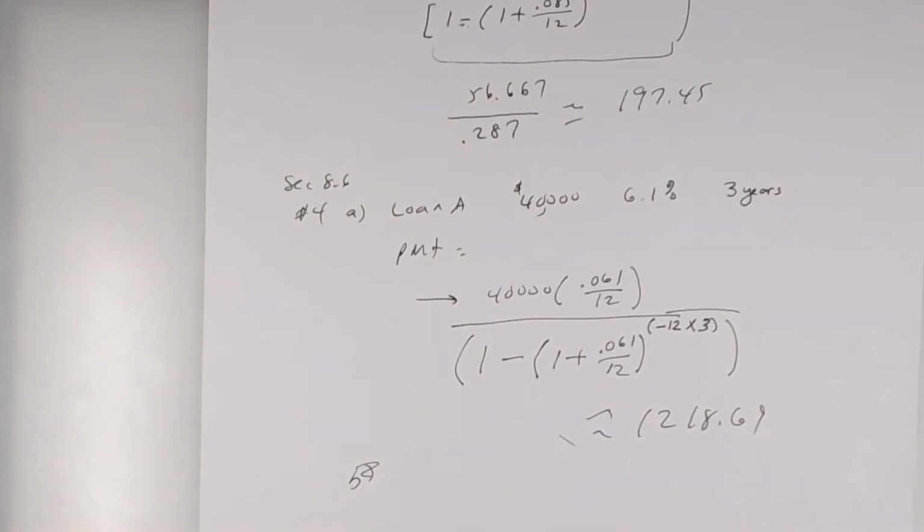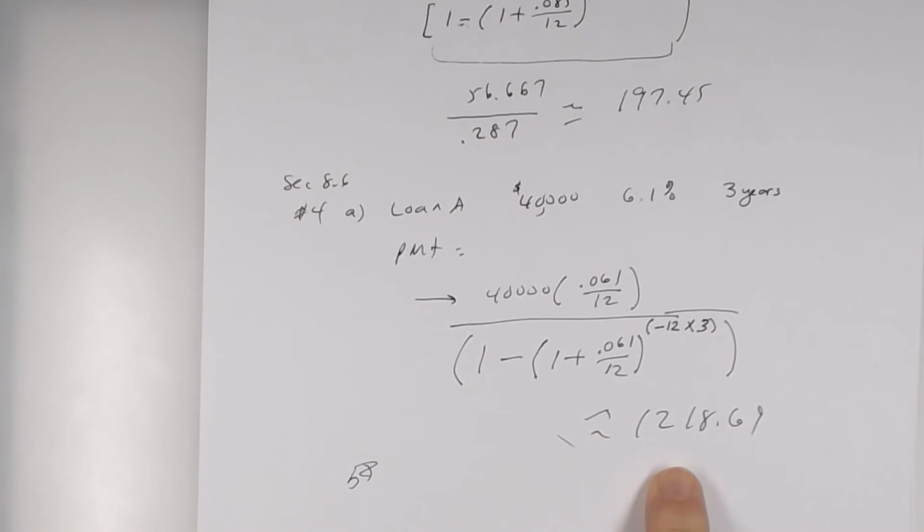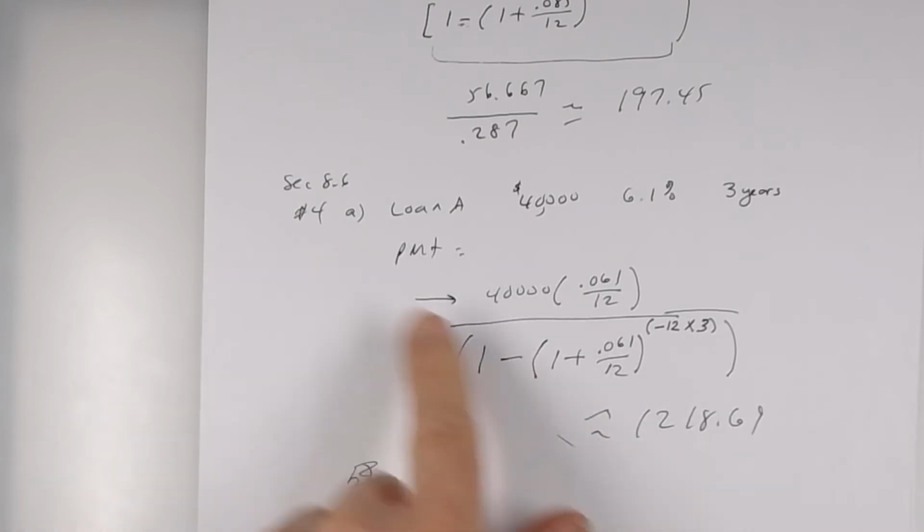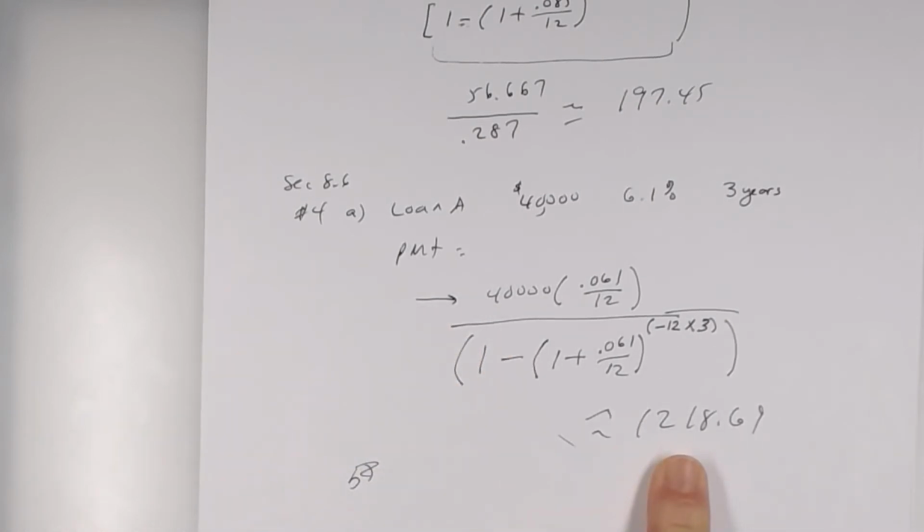Okay, so how would you find the future value of this $40,000 loan? What would you do? No. Remember, that is your monthly payment. Why would you say $40,000 plus this? No, but I want you to think about that, though. Guys, that's your monthly payment.